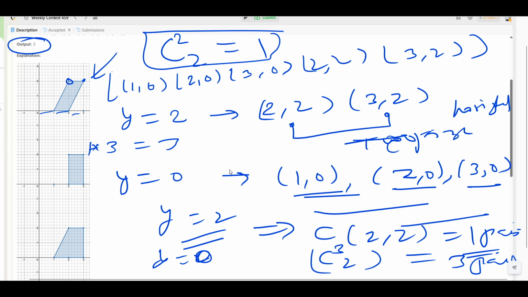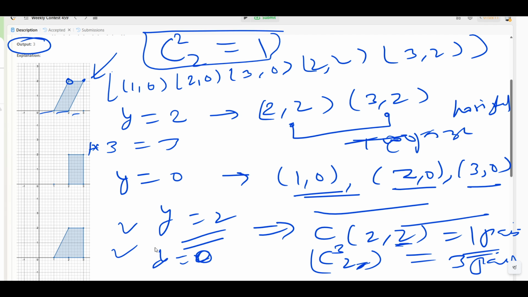So to make the trapezoid, we have to satisfy 2 things. First, we have to pick 2 points from each side. Whenever we take either of the y lines, we take 2 points, and it forms the horizontal base.